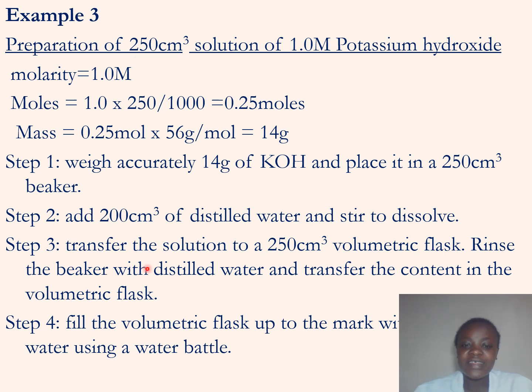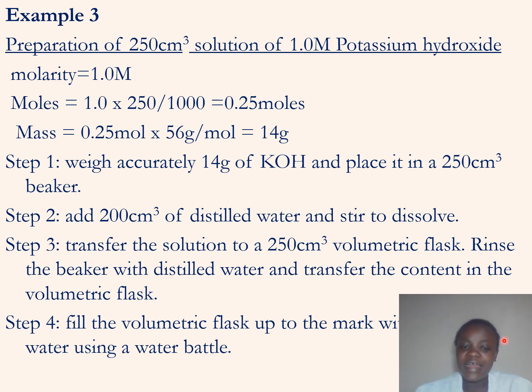So we transfer the solution to a 250 centimeters cubed volumetric flask, then rinse the beaker with distilled water, then transfer the content into the volumetric flask. Then the last step, fill the volumetric flask up to the mark with distilled water using a wash bottle.